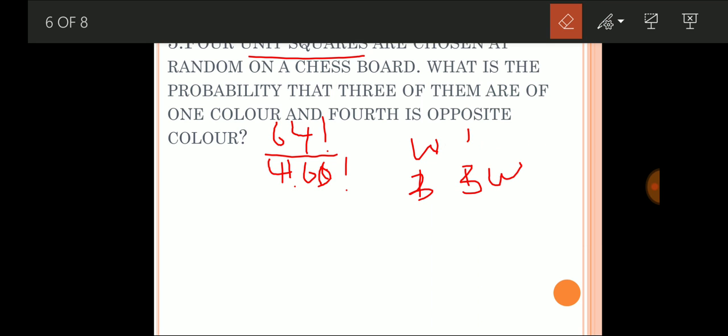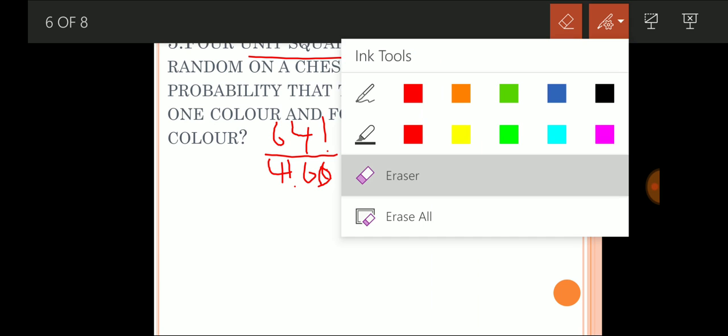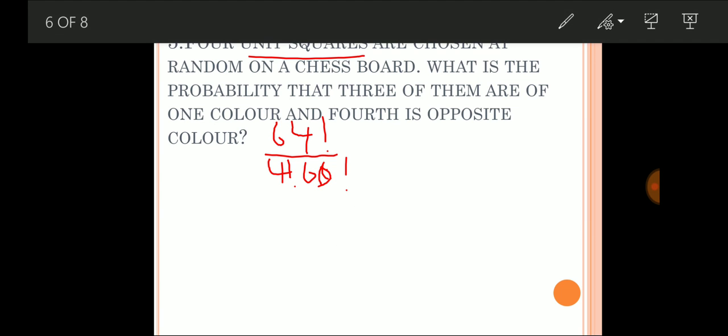So we'll have to choose one color for the 3 squares, and the other one would be of a different color. We know a chessboard has only 2 colors, black and white. So the arrangement can be black, black, black, white, or white, white, white, black. We know there are 32 black squares and 32 white squares.